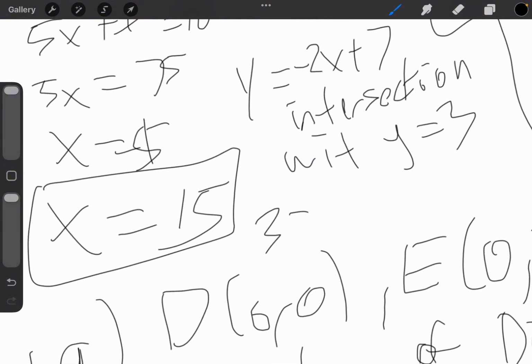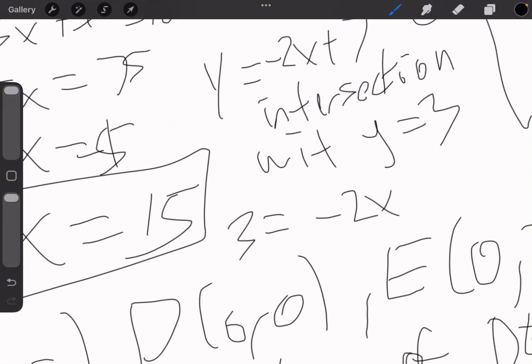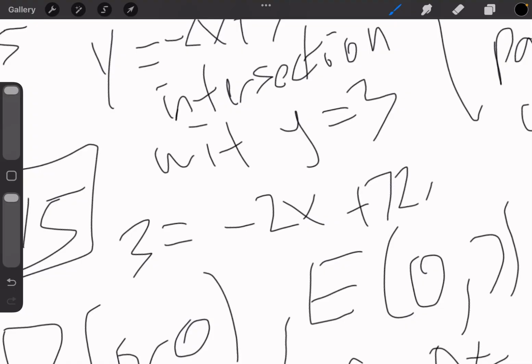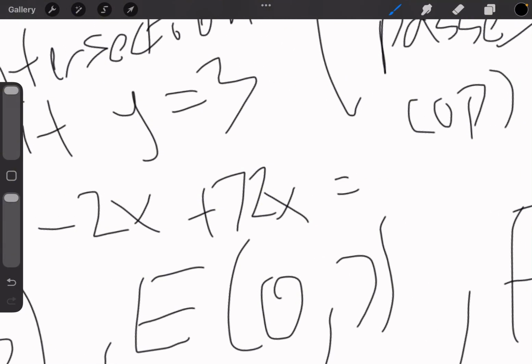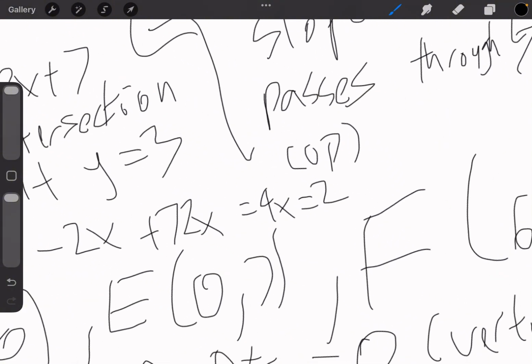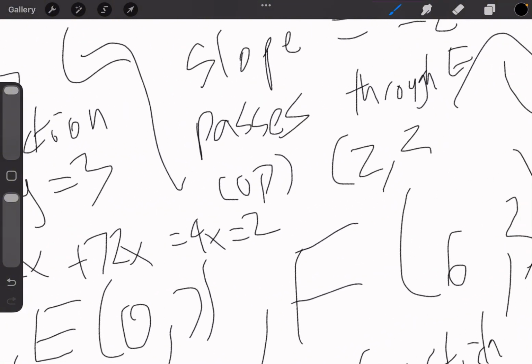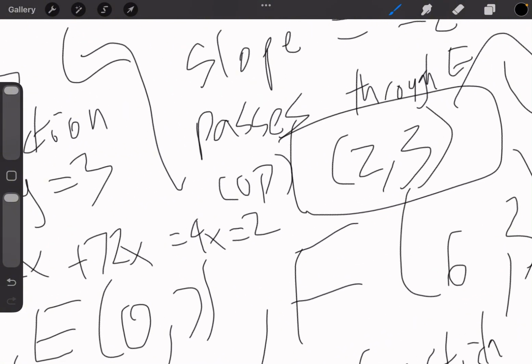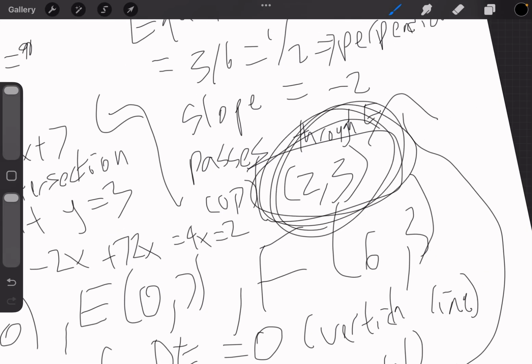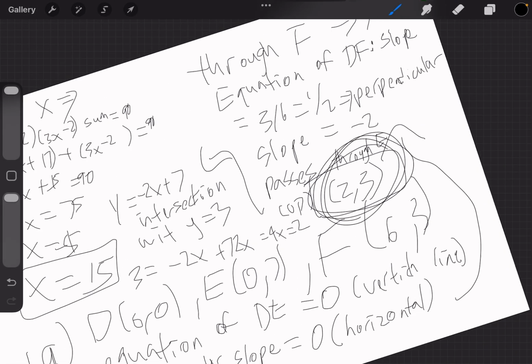So 3 equals -2x plus 7, 2x equals 4, x equals 2. So the orthocenter is (2, 3). And this is the final answer.